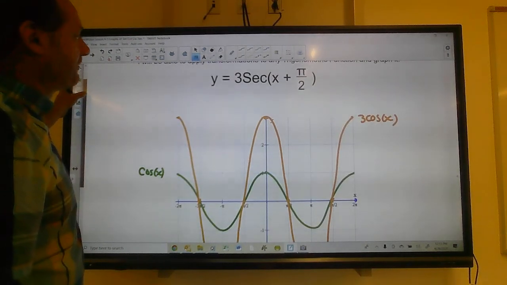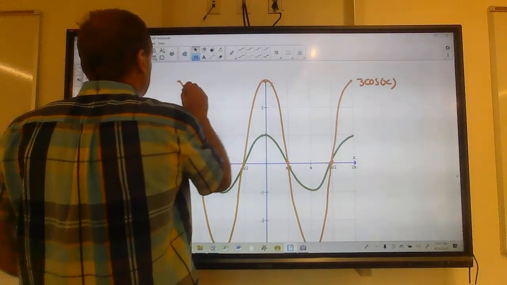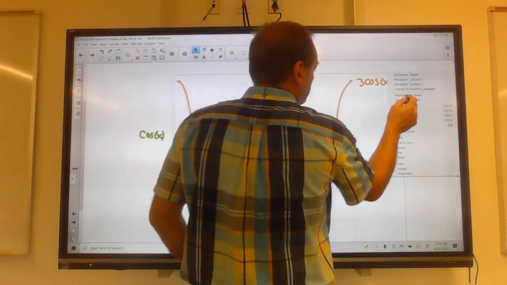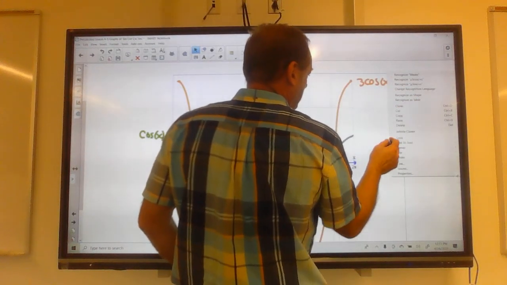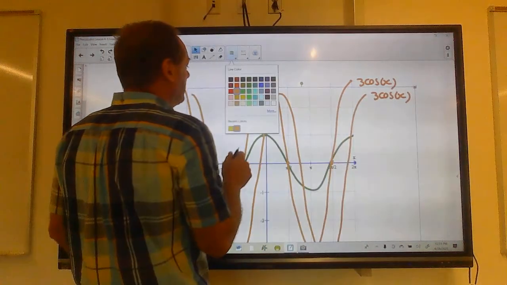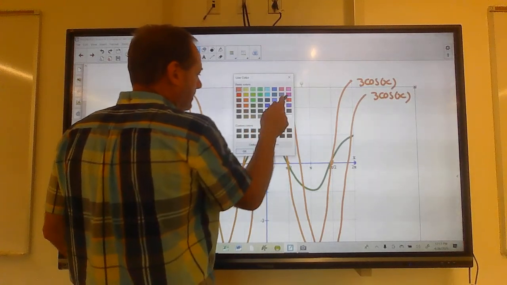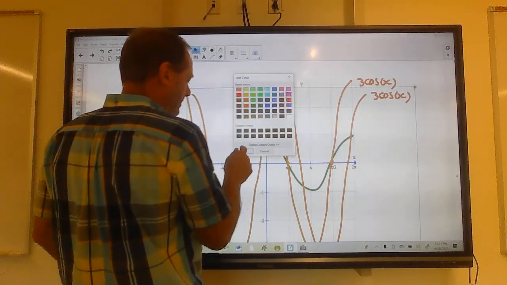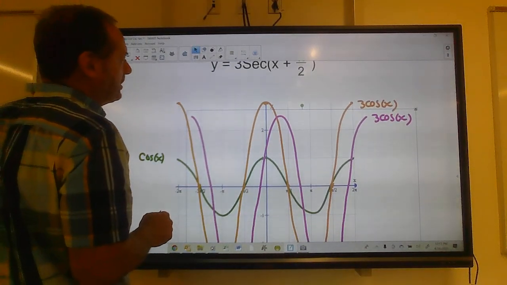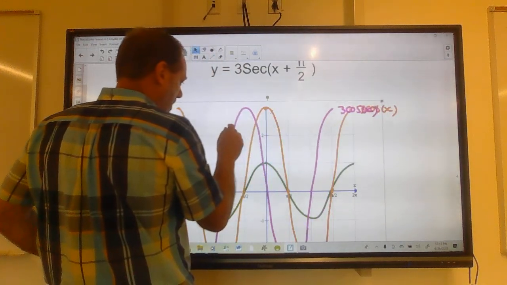Okay, now my next transformation is to move this pi over 2 to the left. So I'm going to cheat a little bit here, take this thing and clone it, and I'll change its color. Okay, and I'm going to move this whole thing pi over 2 to the left, so it would be moved right there.